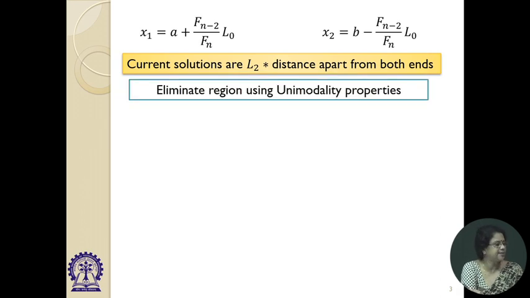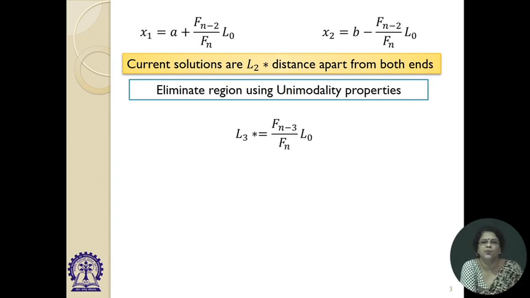Next, we will eliminate the region using the region elimination strategy. I will get the new interval of uncertainty as L2. Then I will go to L3, because in the next iteration, initially I take 2 points, after that I will take 1 at a time.